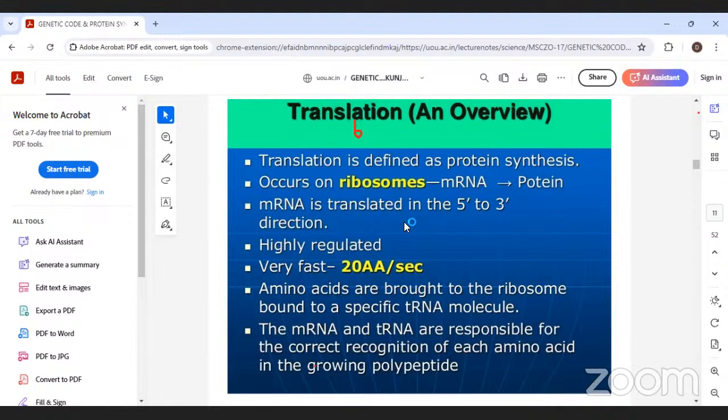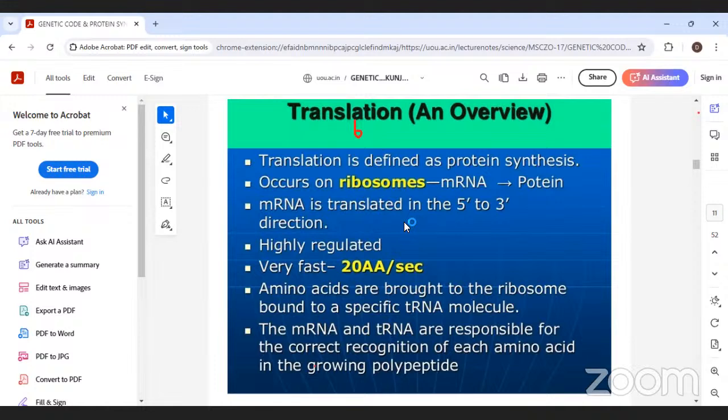These are the RNA types. Here the transfer of amino acid occurs in the ribosome, from mRNA to protein. The ribosome translates the mRNA in the 5' to 3' direction, highly regulated and very fast.